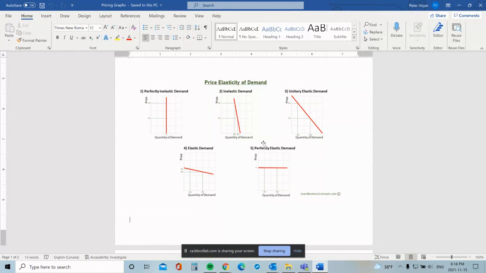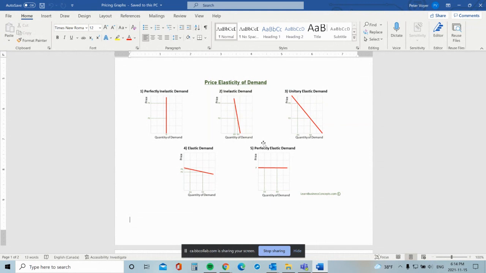So why does that exist? Well, it's all about substitutability. Consumers, even with that large change in price, it really doesn't affect the quantity demanded. Why? Because we can't substitute oil or gas for another product. So it's not substitutable.